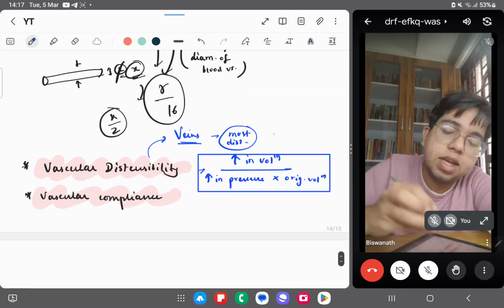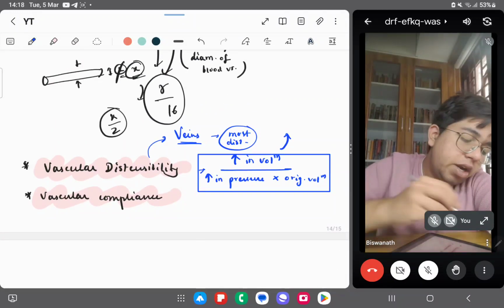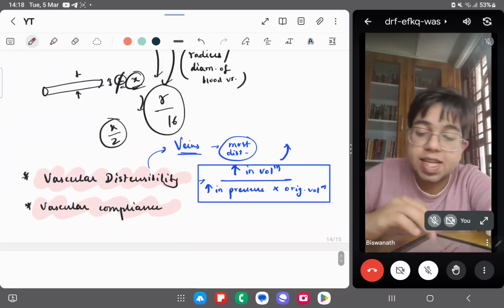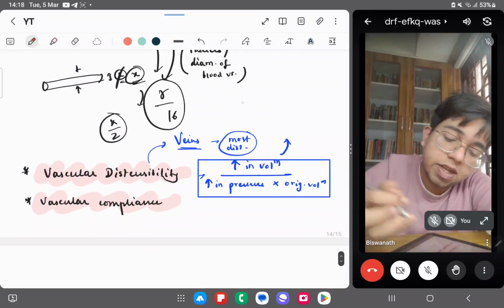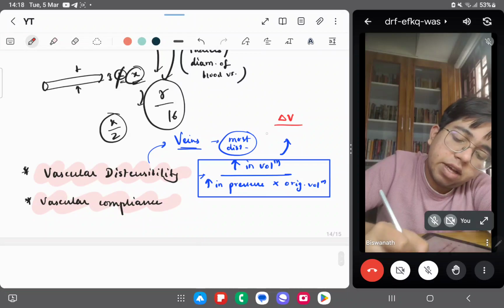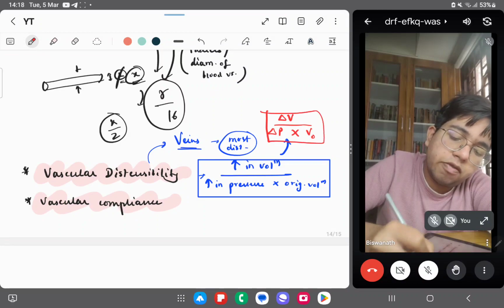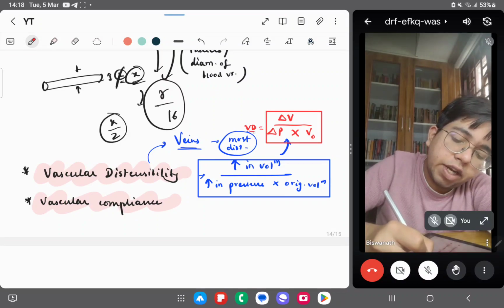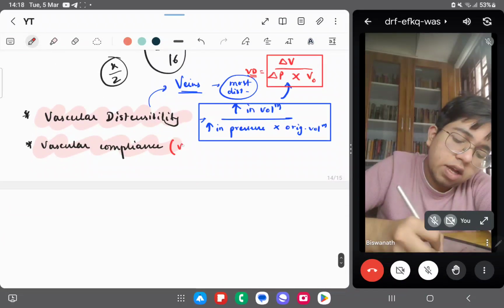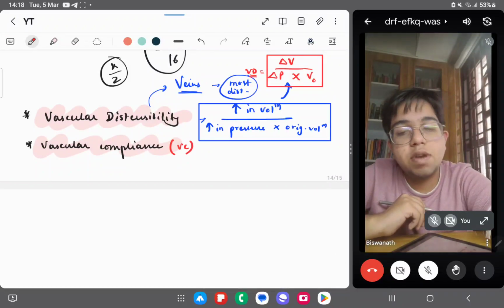You can represent it in a numerical format, as we are students of science and we love physics. Increase in volume is delta V, increase in pressure is delta P, and its original volume is VO. This is VD, the vascular distensibility. Let's talk about VC, the vascular compliance.